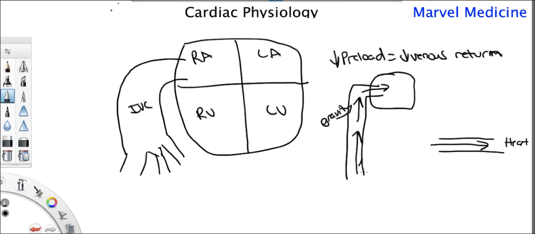Okay, but when you're standing up, the blood has to work against gravity to get into the right atrium. Now, standing up will decrease preload. So standing up will decrease venous return. That's why most people, especially elderly people, when they stand up quickly, get dizzy, right?